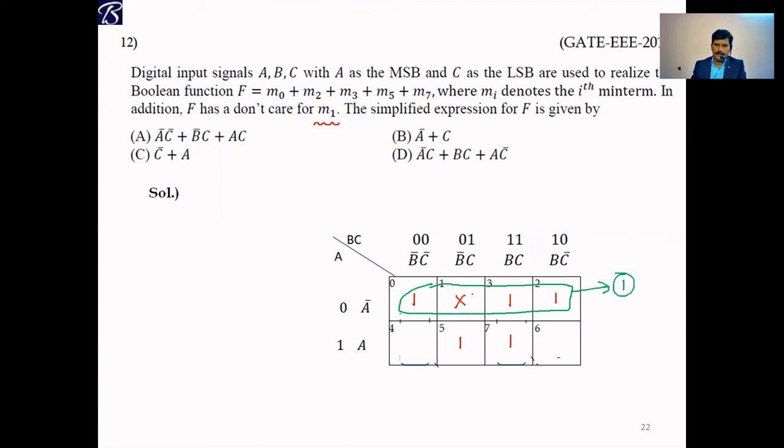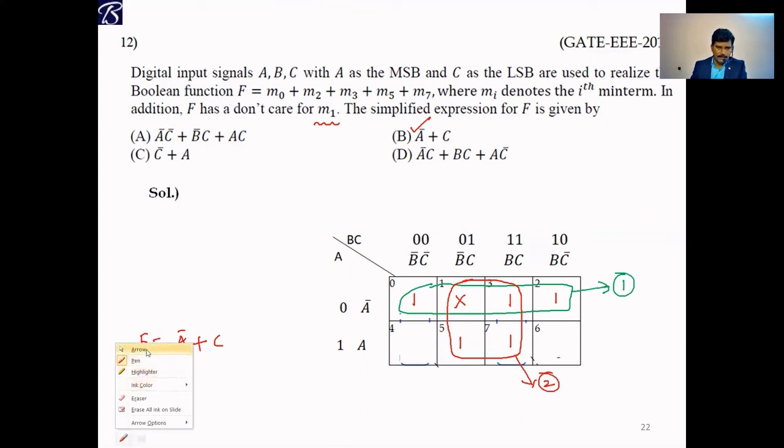If you consider the next one, the maximum possibility is this one. This is second. So F equal to the first one, green, that is A bar, plus this one here, A bar gets cancelled, here common term is C, A bar plus C. So option B is correct.